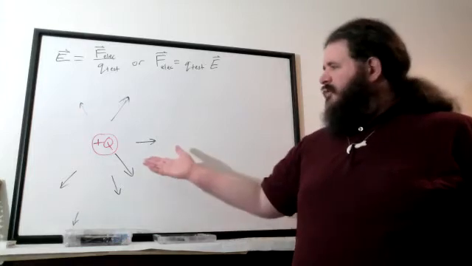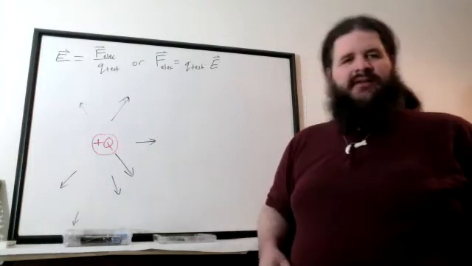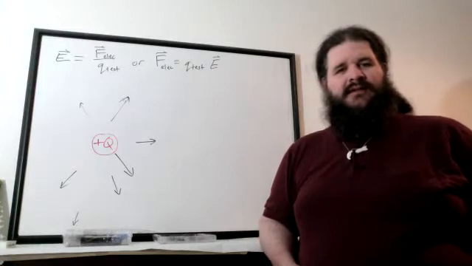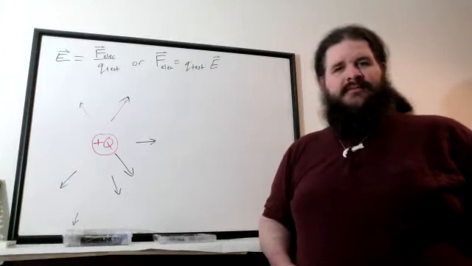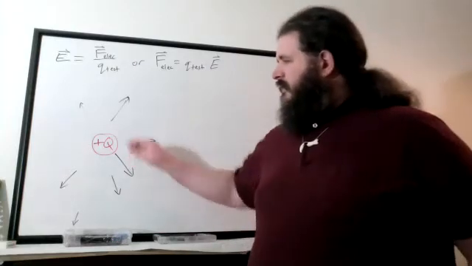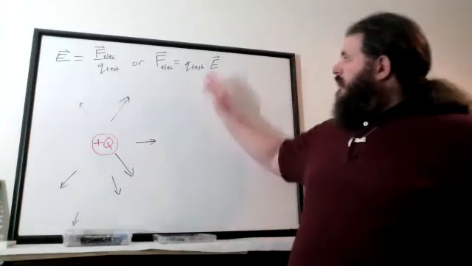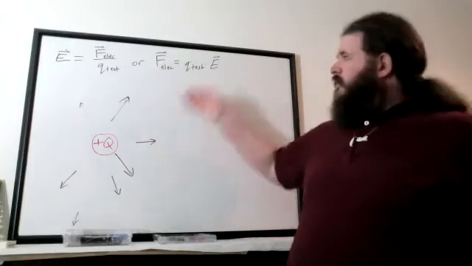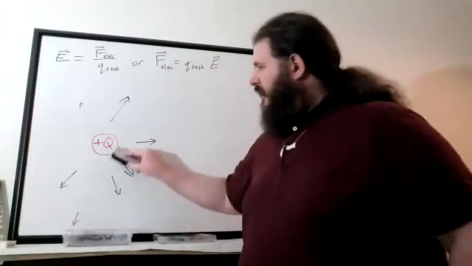Well, what's the general trend of all these vectors? These electric fields, when drawn as vectors, what sort of direction are they pointing? They're all pointing outwards? Yeah, all these electric field vectors are pointing outwards because a positive test charge would experience a force in the outwards direction. So the electric field is in that direction also.